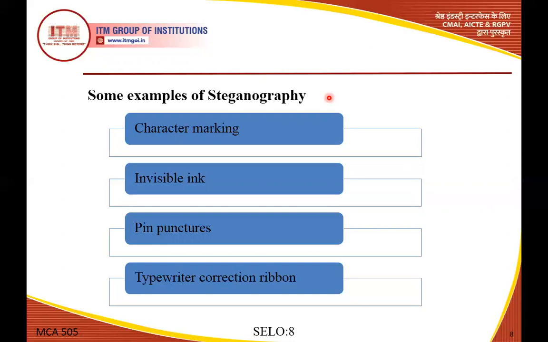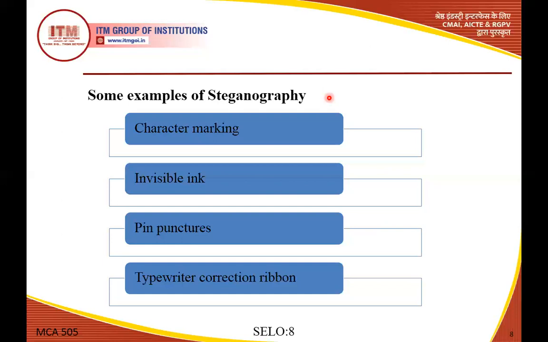After that, the second one is invisible ink. There are many chemicals and substances that can be used for writing but leave no visible trace unless we apply some heat or the proper chemical to make the writing visible. That is called invisible ink. I can give you a simple example.